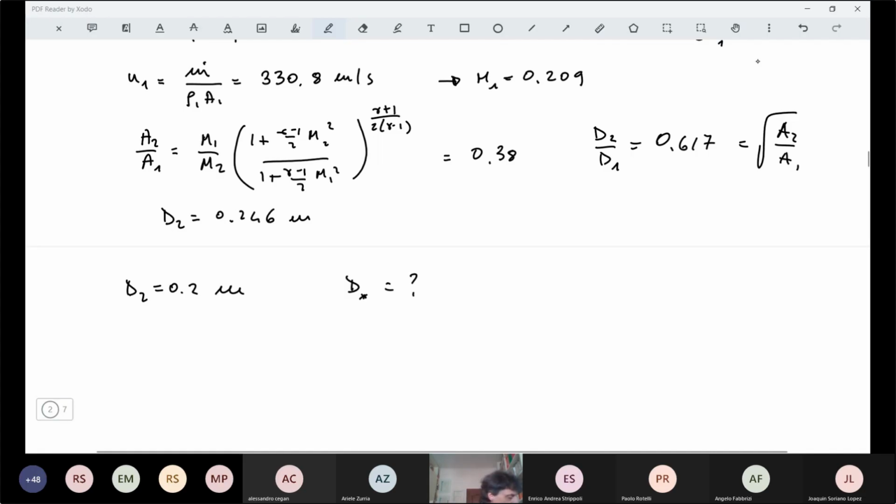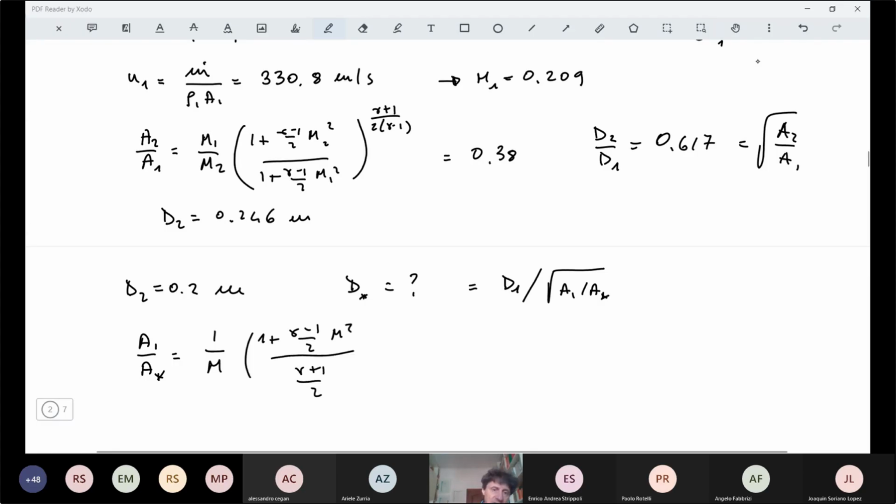The critical one is obtained, of course, as D1 over the square root of A1 over A star. And this term, which is under square root, will be given as 1 over M, times (1 plus (gamma minus 1)/2 M squared) over (gamma plus 1)/2, to the power (gamma plus 1) over 2(gamma minus 1), which is the same, of course, as written for M2 equal to 1.